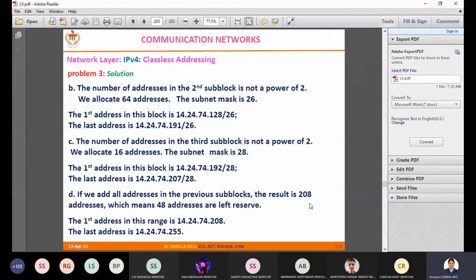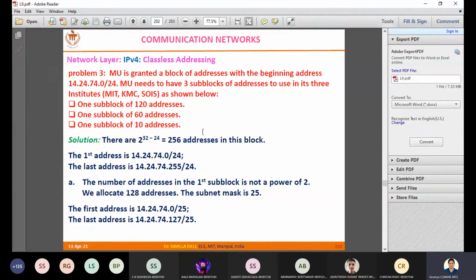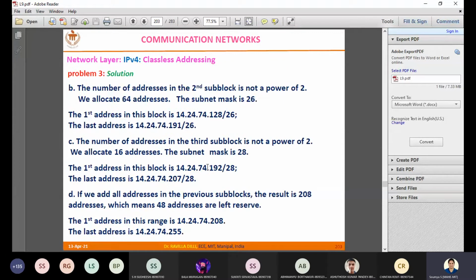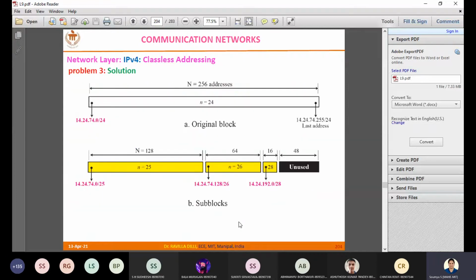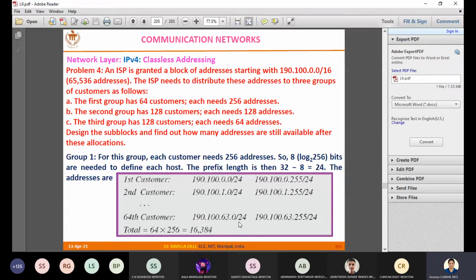But how many do we have in the block that was given to us? The entire block had 256 addresses, out of which right now we have allocated 208 addresses, and therefore we still have 48 addresses with us. Okay, this is what is classless addressing.